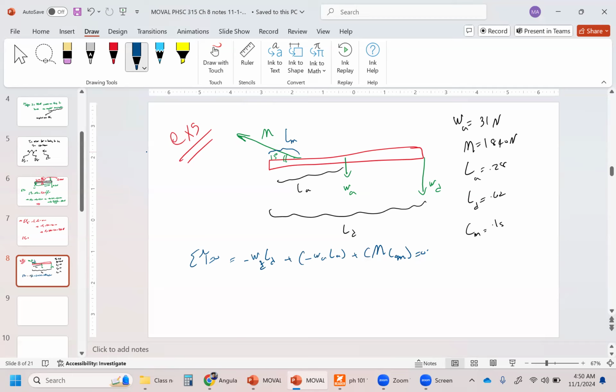Which means it's minus WD LD, minus WA LA, plus M LM equals 0.